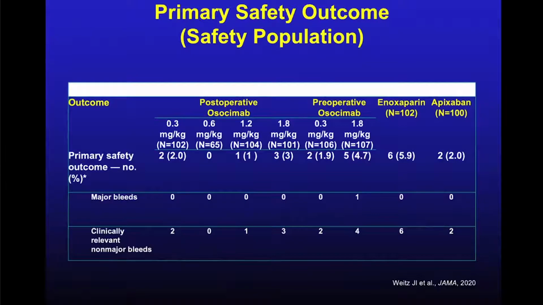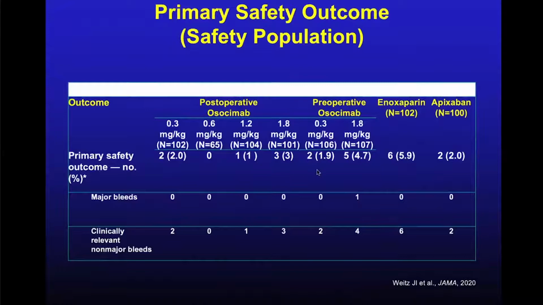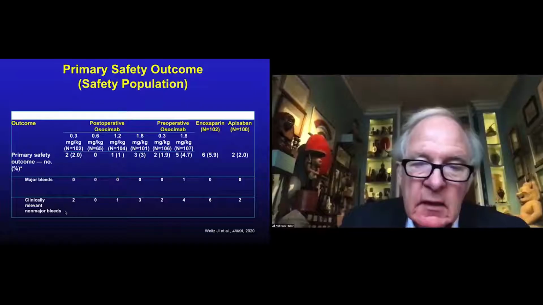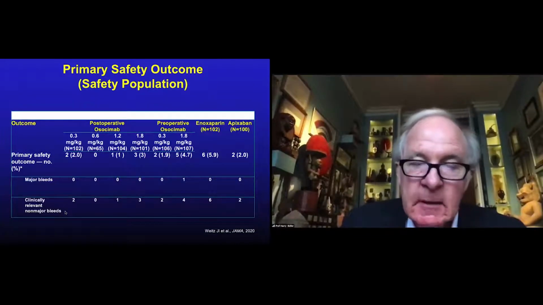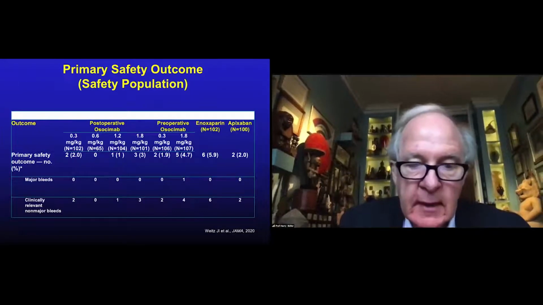Now, if I go back to the efficacy table here, looking at the post-operative start, it really is around 15, 16, 17% with this particular antibody. And if you then look at the bleeding with those doses, 1% and 3%. The conclusion, therefore, is yes, this antibody is effective. It doesn't reach those levels that were seen with the antisense.